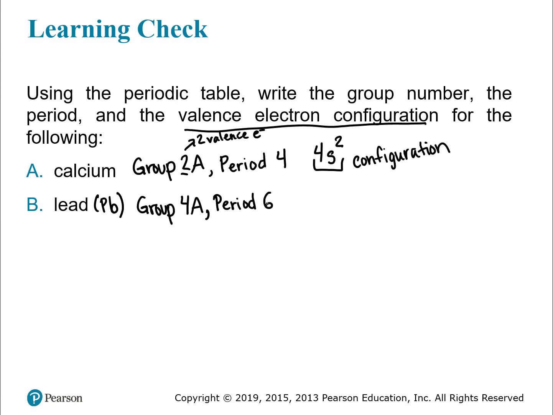So what does our configuration look like? You don't have to worry about making sure that the number is a subscript for the number of electrons. But just tell me, we need the energy level, the sublevel, so S, P, D or F, and then how many electrons are in it.